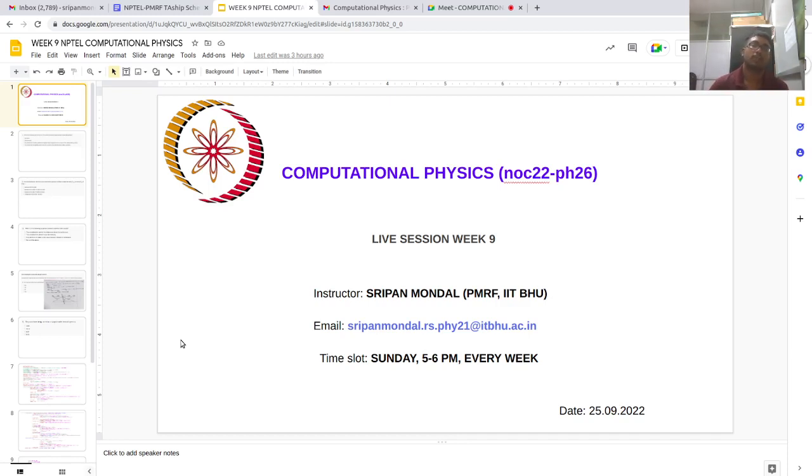We calculated some thermodynamic properties from the Ising model in three dimensions, and then we calculated integrals by different methods, as well as ordinary differential equations and partial differential equations. And now what we have is again a differential equation which is related to quantum mechanics.